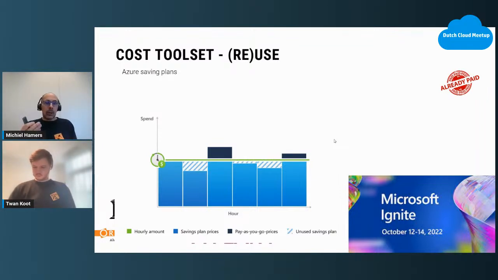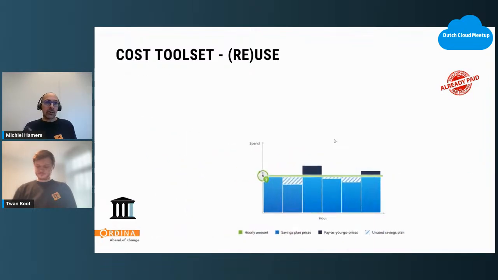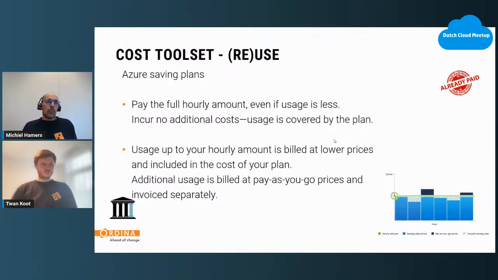And then you have reservations, and with those savings plans you pay for the full hourly amount, even if the usage is less.